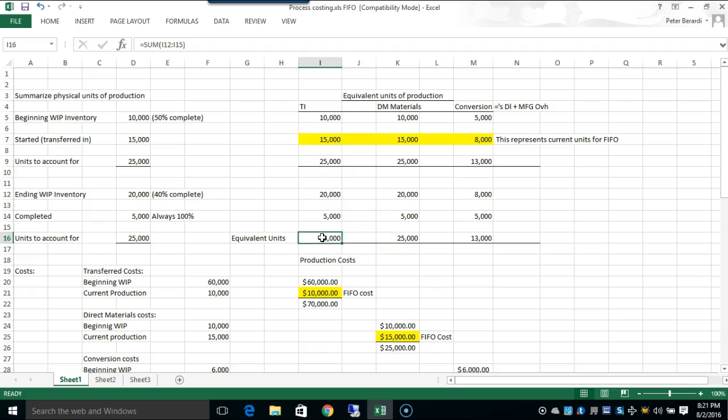So once you get your total equivalent units here, I would make sure that your total for your top half of the physical units of production equals the same amount.